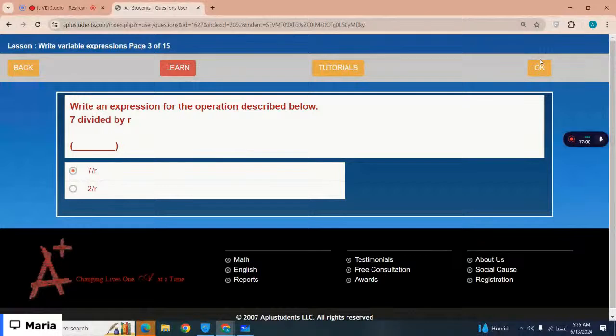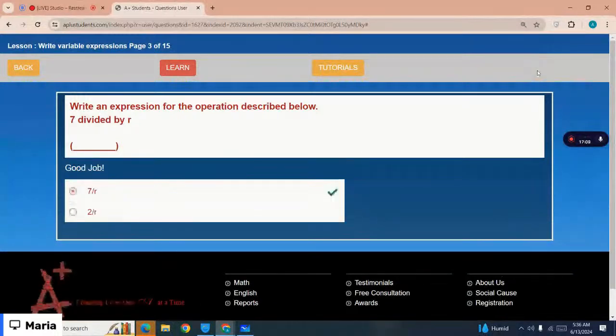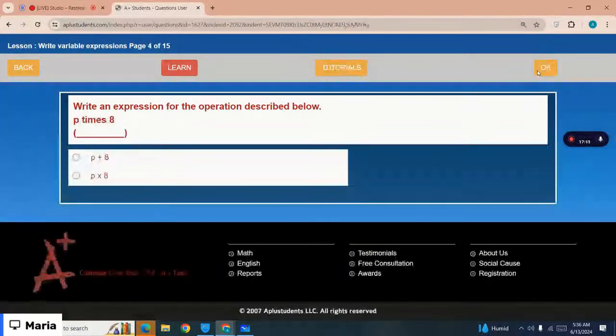Write an expression for the operation described below. P times 8. So which is the correct option? Yes, option number 2 is the correct option.